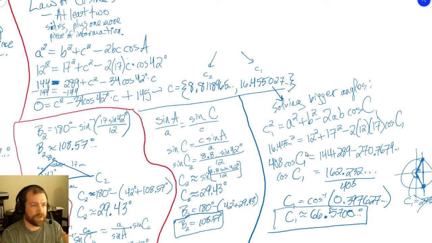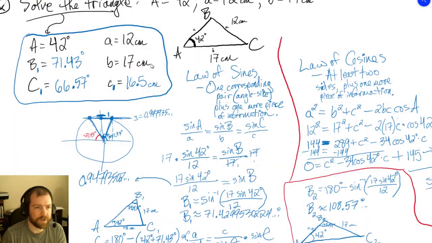And again, the reason I'm doing this is, when you're solving for bigger angles, use cosine, because there's only one possible number that you can find. That's it. You're not going to get anything else. And in fact, I should have recognized this. This is 16.4 centimeters. It's already less than our 17 up here, so we didn't need to use law of cosines.